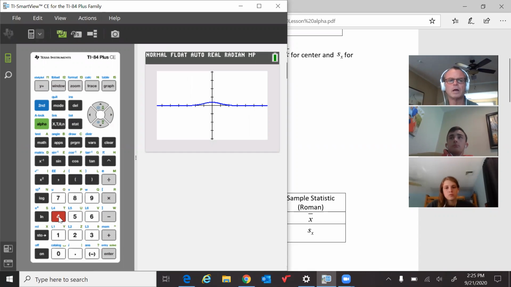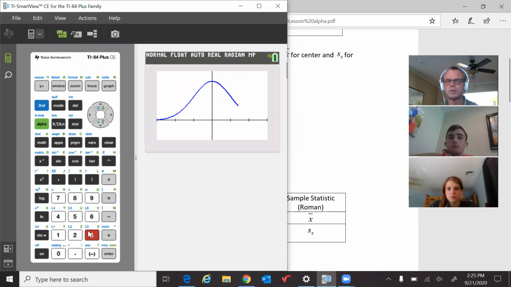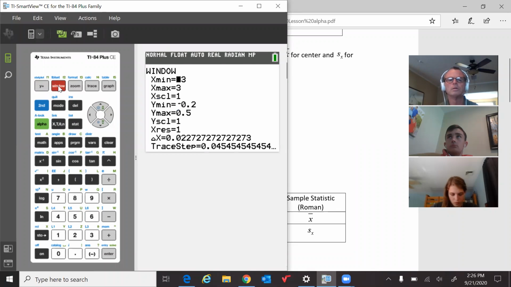So if you go to ZOOM, MEMORY, we stored it, so we just recall a window that's appropriate for this standard normal curve. That stays in there until you type over it. The calculator allows you to store one window.